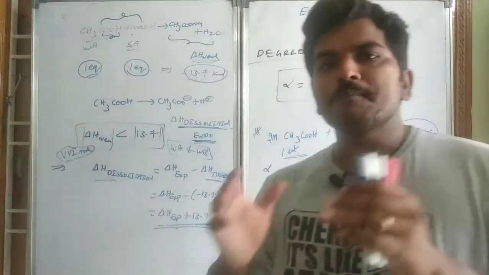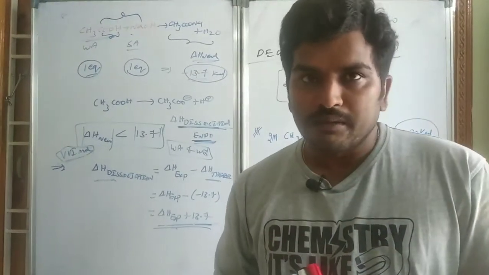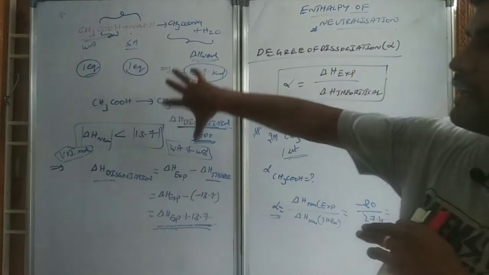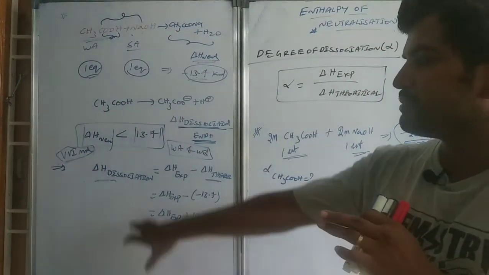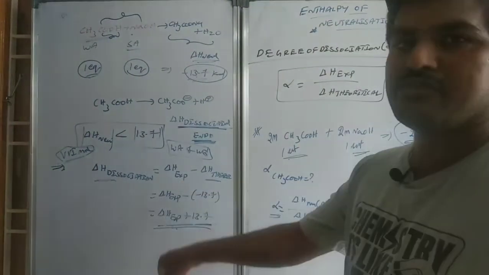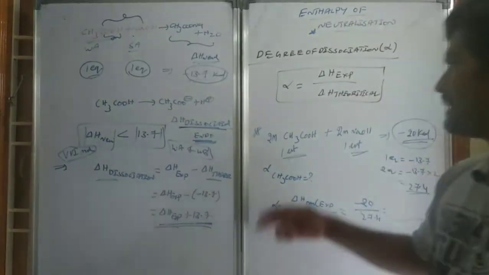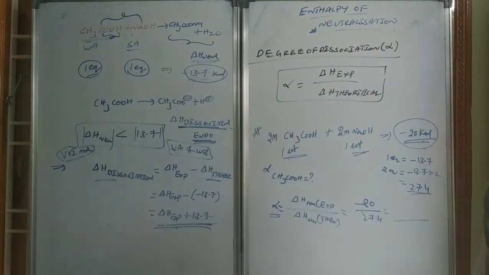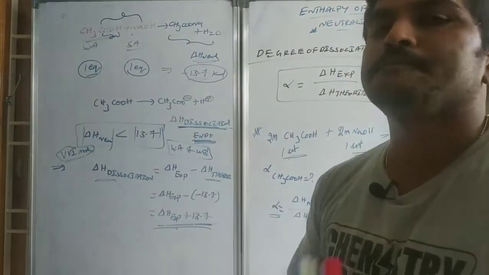And after that, when an acid and base are mixed with one another, how much heat will be liberated, and how to identify the enthalpy of dissociation for weak acids. Always remember, enthalpy of dissociation will be endothermic. So you can find the difference between them and simply put the positive sign for that, simple. And you can identify the alpha value also by using this enthalpy of neutralization.